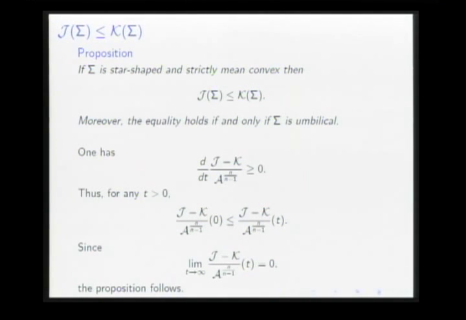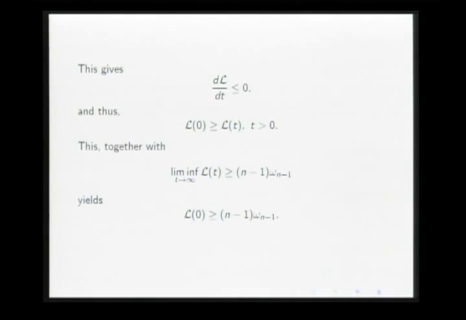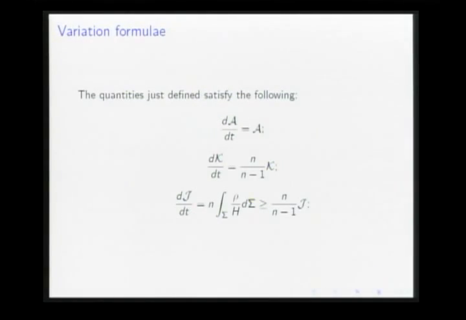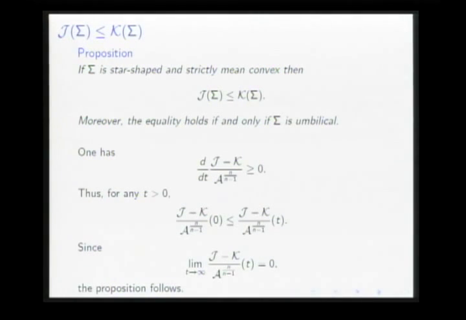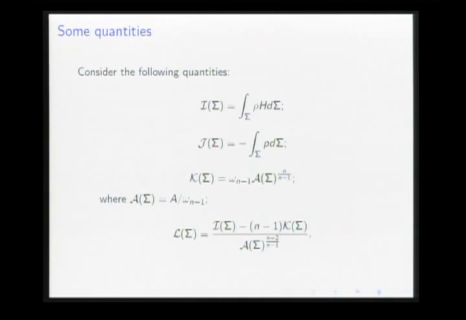So that's the first monotone quantity we found. And then the other one is this one here, this L. So you have two. We have one that is J minus K over this power of the area, and we have L also.